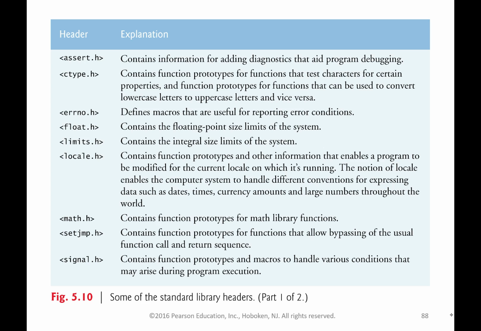Okay, these are some header files that are contained in the library. The important ones: float.h we don't normally use. Math.h we use. Signal.h we don't necessarily use too often.